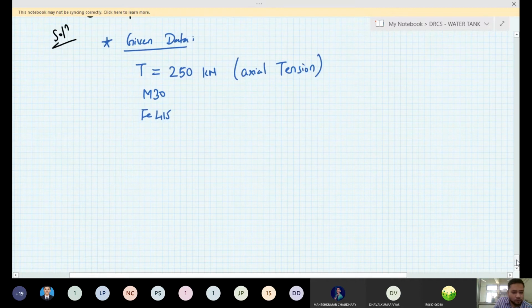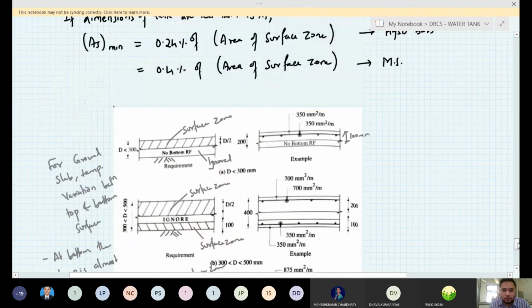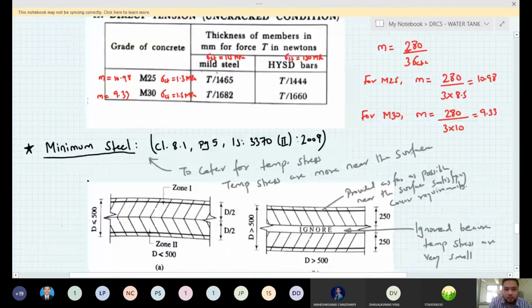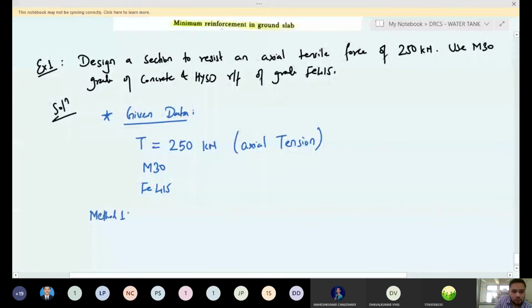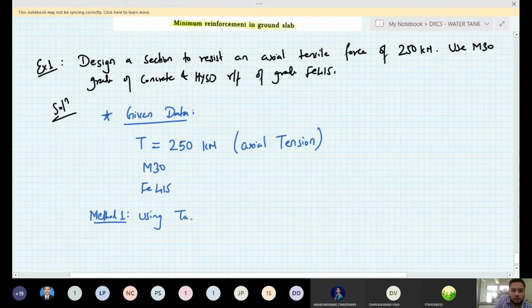So you can see from this table, for HYSD bar of grade M30, the formula is T by 1660. To get the minimum thickness you can use this formula, or we'll see both the methods. So this is method 1, that is using table.